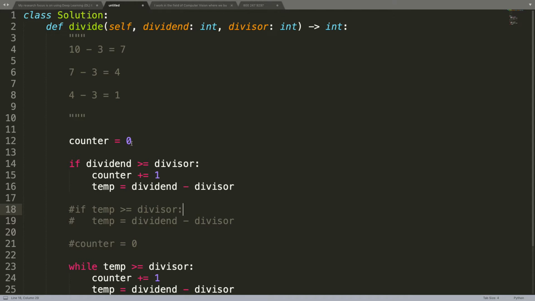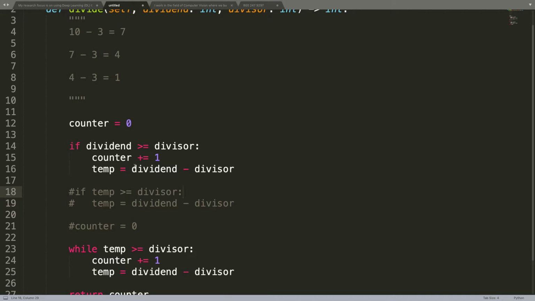Counter equals to 0. So we start with 10 and divisor is 3. Then 10, is it greater than or equals to 3? Yes. My counter becomes 1. Then my temp, I need to take note of that in a scratch sheet. My counter becomes 1.